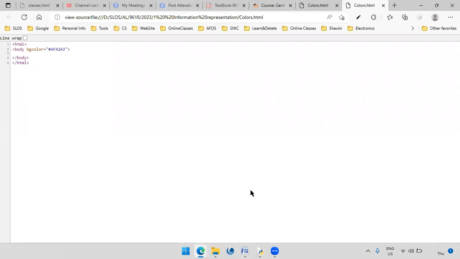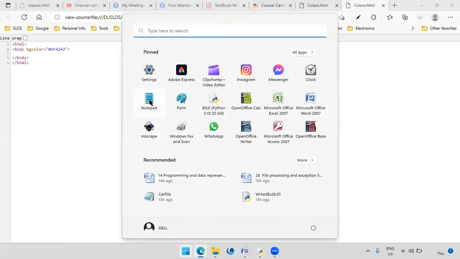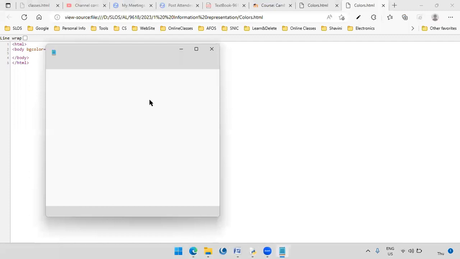I will show you a new one. How do you make a web page? Take a notepad or any text processing document. When it opens, you type your HTML commands. HTML is hypertext markup language and they are tags. They are all marked like this. Markup, that's why it's called markup.